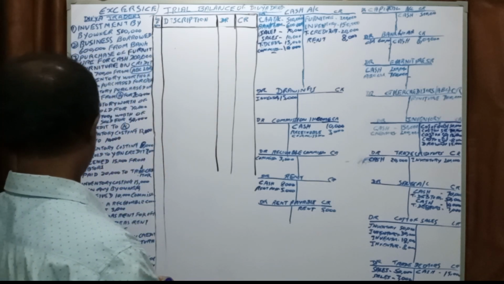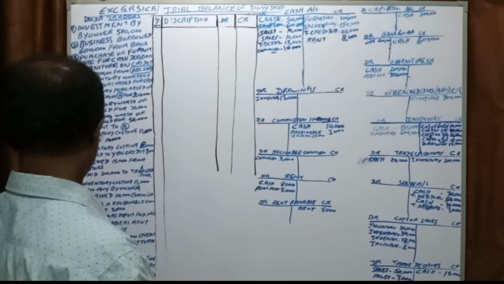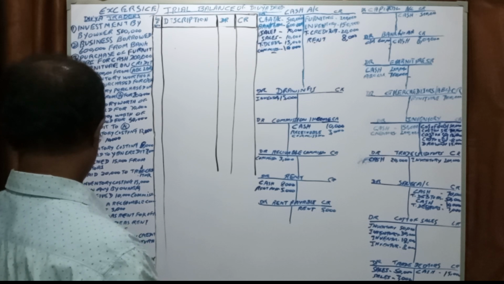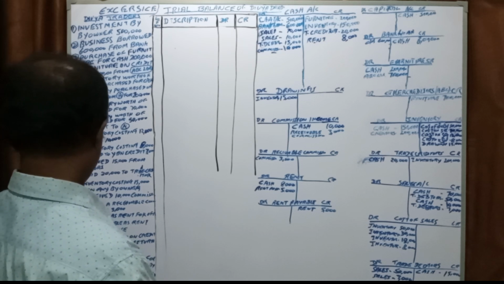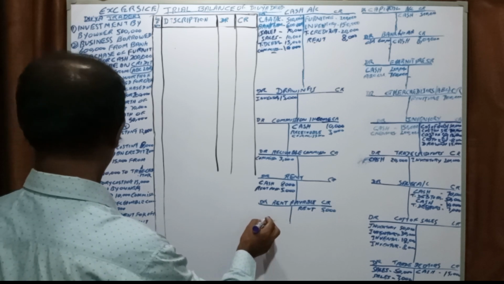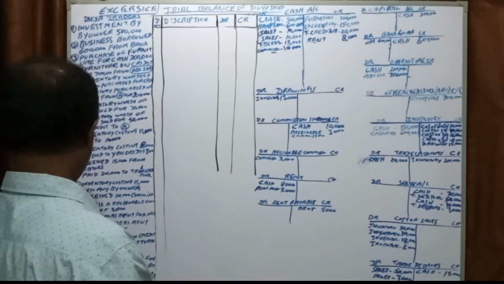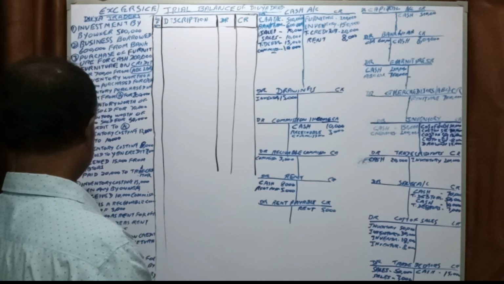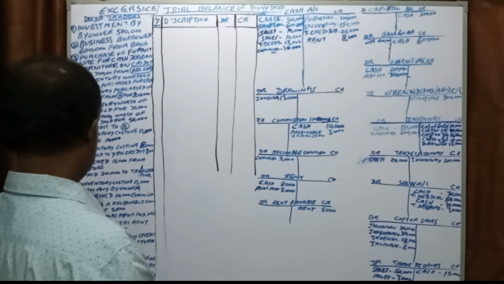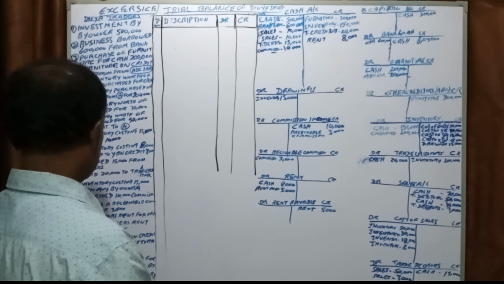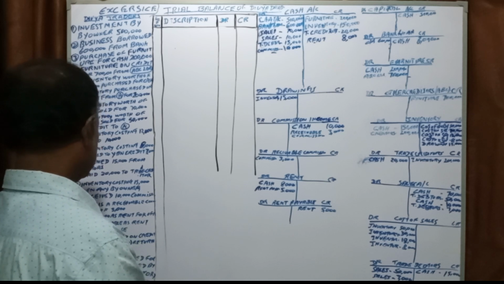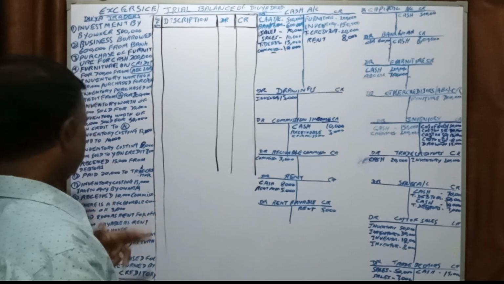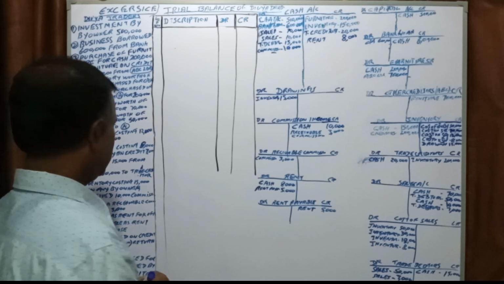So adjustment number 17 also finished. Adjustment number 18 is inventory sold on credit for 1,500. Cost of that is 1,000, returned back by the debtor.